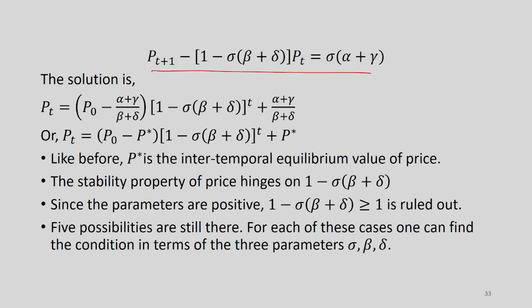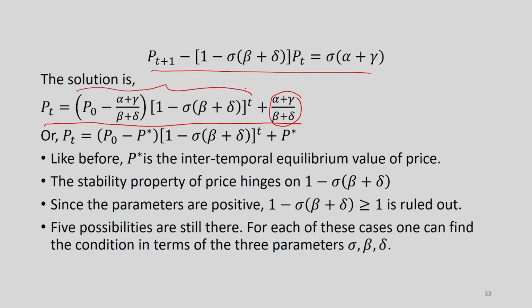Now, I am not going into the steps of this solution. So, we have to find out the particular integral and the complementary function. The particular integral turns out to be this, like in the cobweb model, (alpha plus gamma) divided by (beta plus delta), and the complementary function is this.